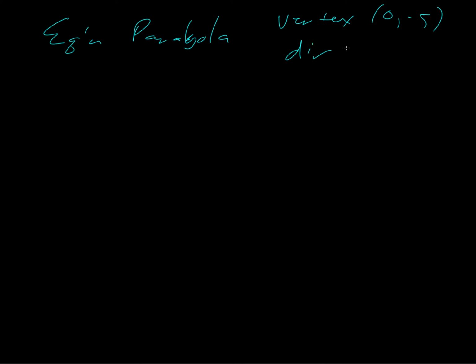Okay. Now we want to find the equation of a parabola that has a vertex of (0, -5), and a directrix of 1/4, and we're given that it's a vertical parabola.